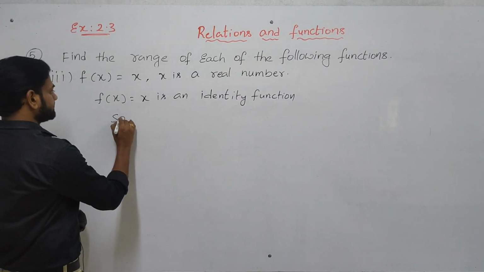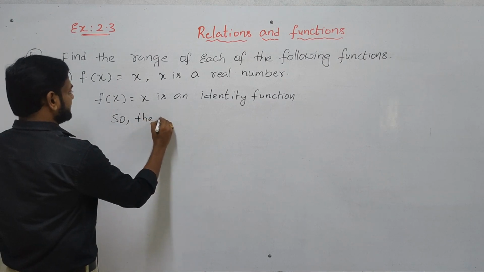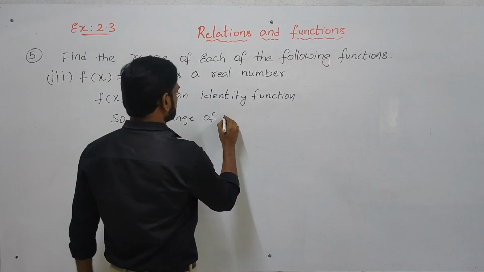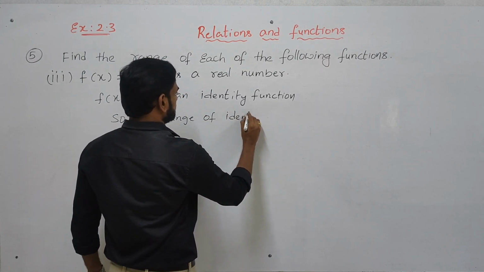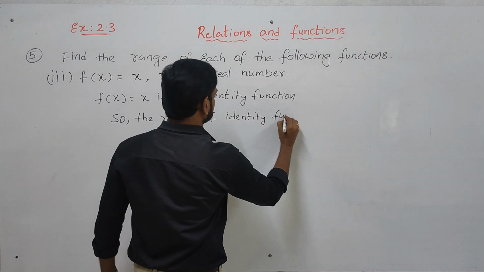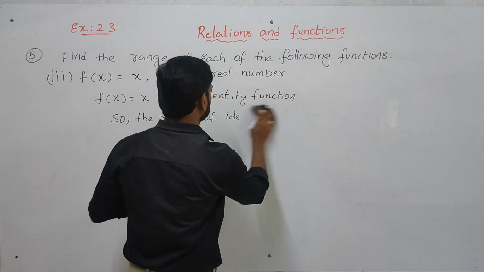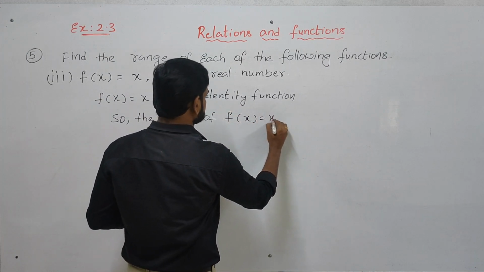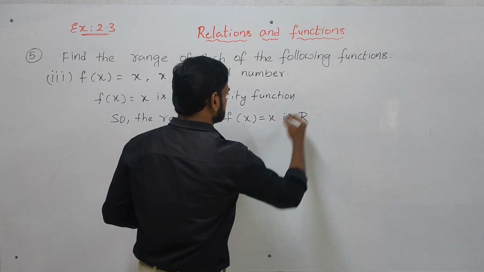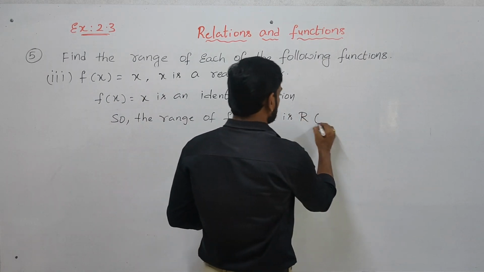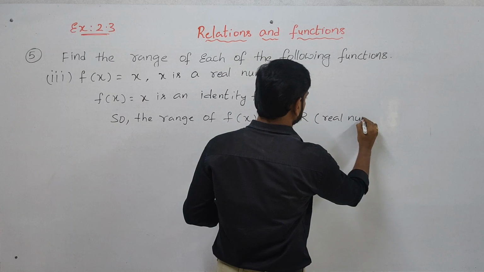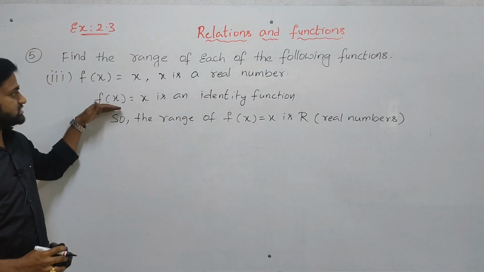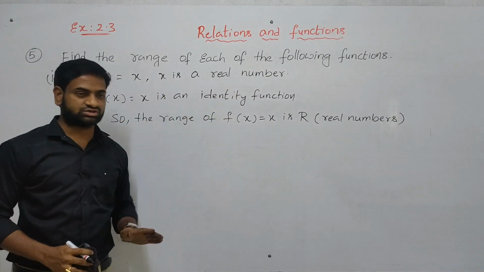So the domain and the range of the identity function, f of x equal to x, is R, capital R. Capital R means real numbers. f of x equal to x is an identity function.